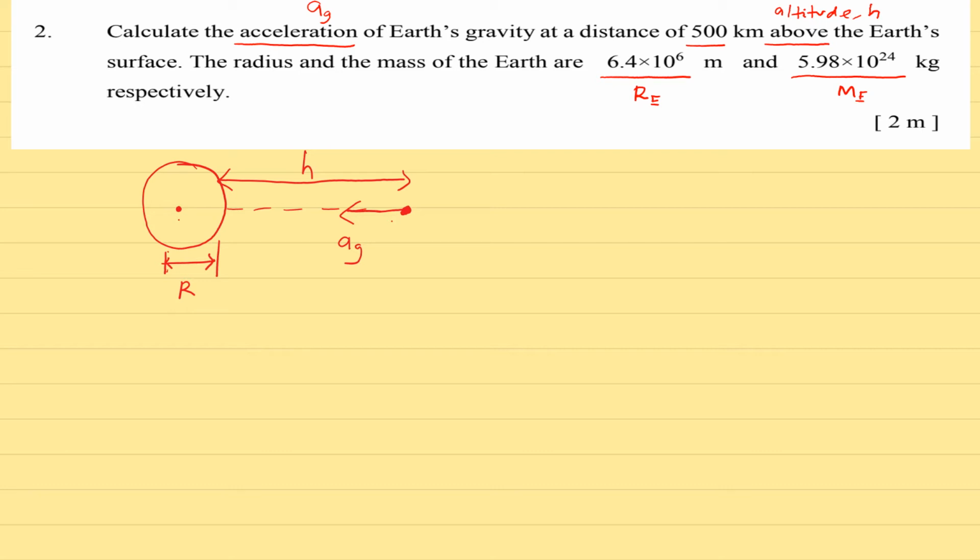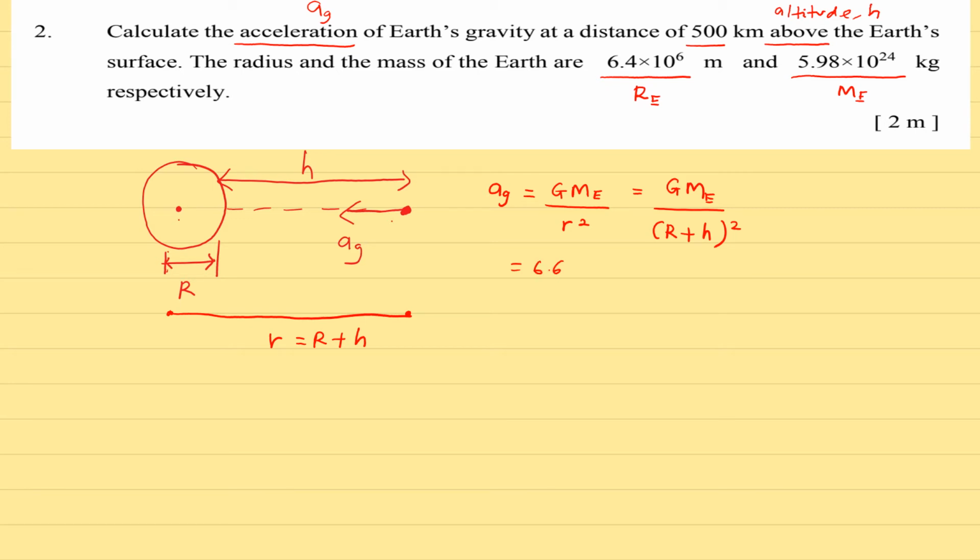So how to find the acceleration of Earth's gravity? So we use equation Ag equal to G m Earth over R squared. Okay, so G m Earth divided by radius of Earth plus altitude, because the distance from this point to this point is R equal to R Earth plus H. Don't forget squared.